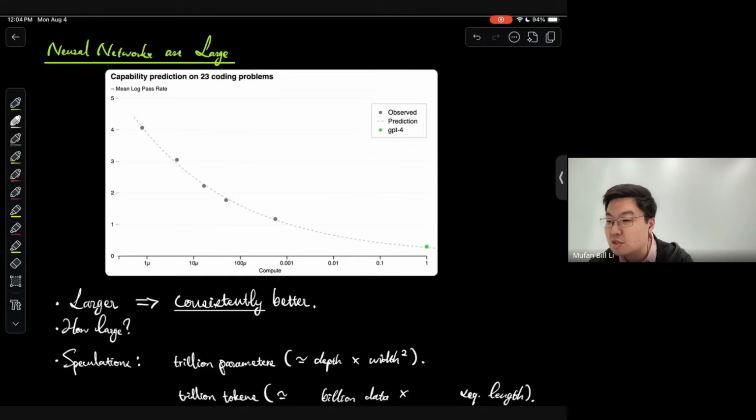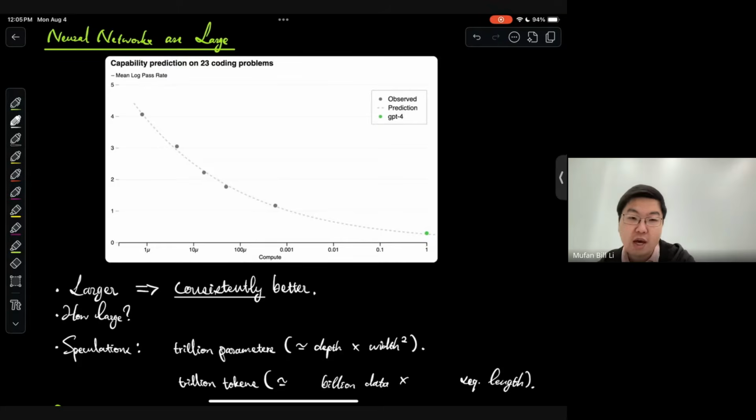Sometimes this is called scaling laws, and this will be related to the subject of study that I'll tell you about. But before we get there, I want to briefly emphasize that OpenAI has not released the exact scale of computing resources used for GPT-4, so we can only speculate. And the speculations are already pretty wild.